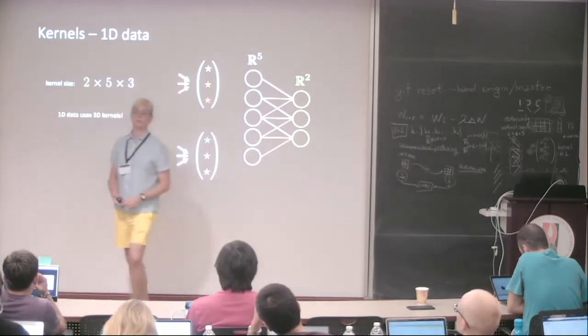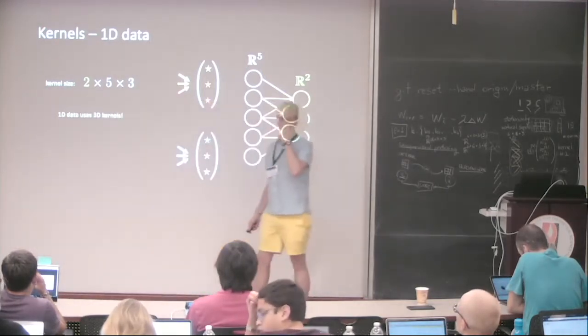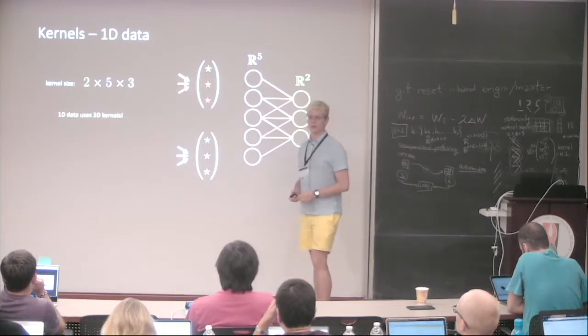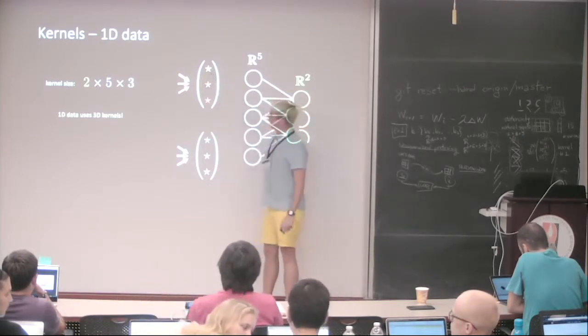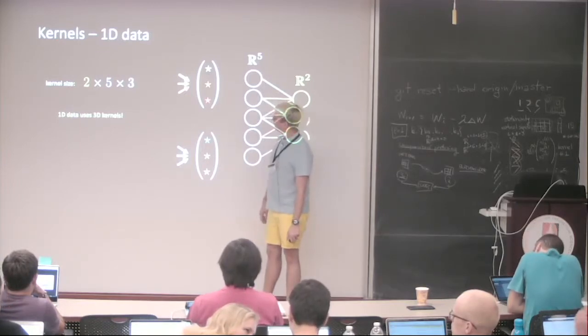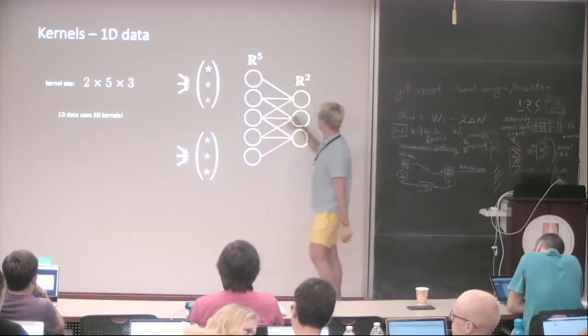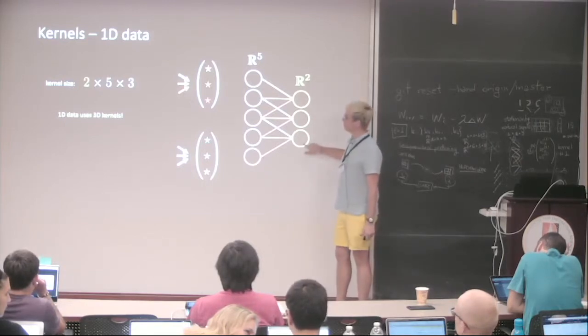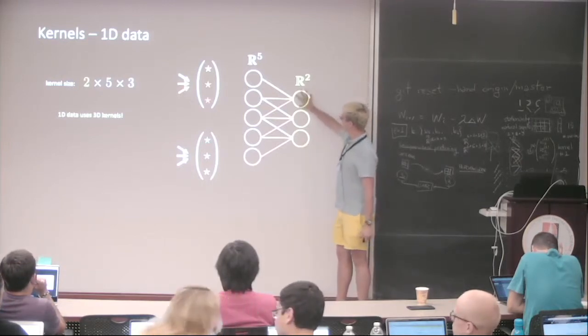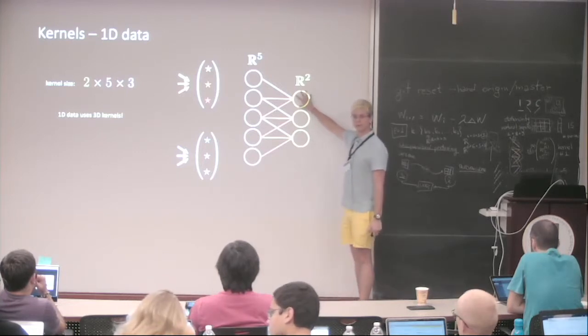Yes, please. The kernel is actually like each line is supposed to be the weight, right? What about the biases? So the bias is going to be just R2 times 3 here, right? So each of these will have a bias term.